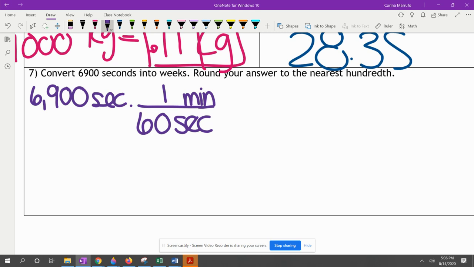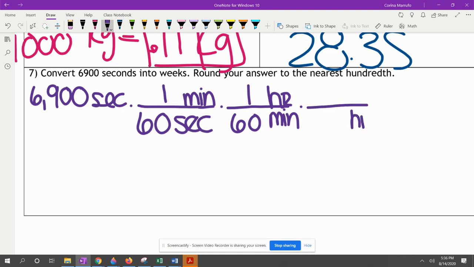Now from minutes, the next up is going to be hours. We know that there are 60 minutes in 1 hour. Now from hours we go to days. We're trying to cancel out the hours because we don't want hours, so hours is going to go on the bottom, and on the top is going to go days.